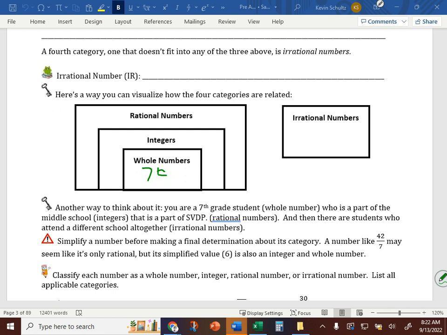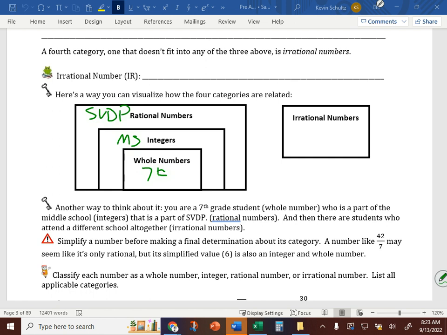You are also part of the middle school, which would be integers, okay? 8th graders are also part of the middle school, but they're not part of the 7th grade. You are part of 7th grade and also part of the middle school, all right? And then SVDP, which includes a lot more grades than just 7th and 8th, a lot more than just middle school, they'd be like the rationals, right?